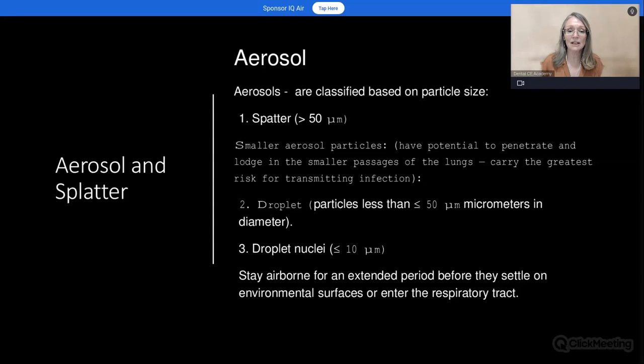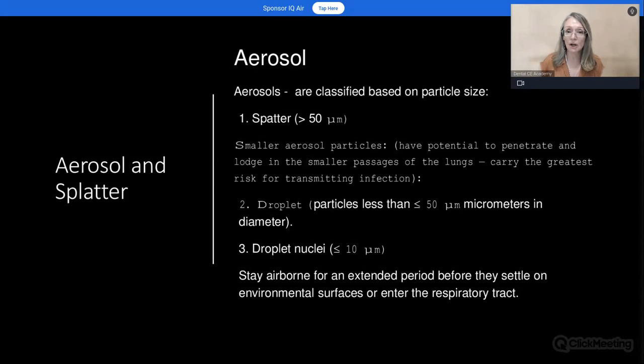When we talk about aerosols, we're talking about particulate matter that is classified based on diameter. All right, so we talk about spatter. Spatter are the larger particles, and you're going to see this on the quiz, greater than 50 microns, and they behave like ballistics, as we'll talk about here.